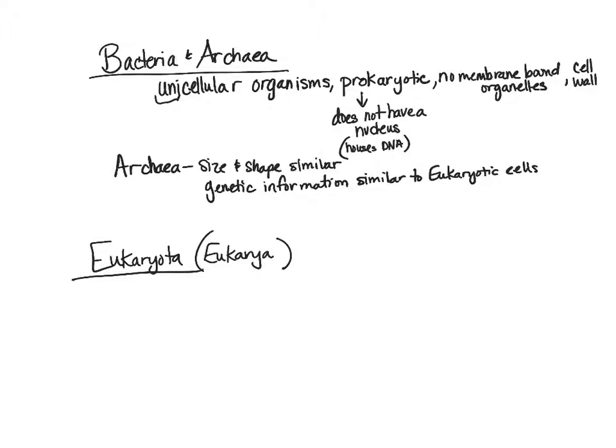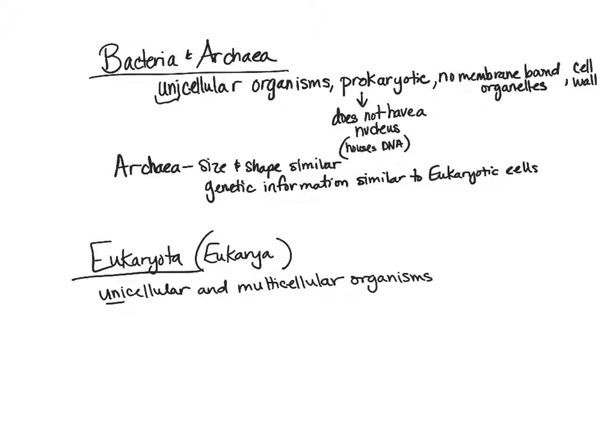In eukarya, we can have both unicellular and multicellular organisms. Unicellular, single-celled organisms, we'll see in the group called Protists. We have different types of ciliates and protists, and things like amoebas, that are all single-celled organisms.